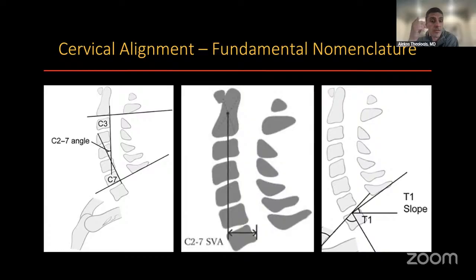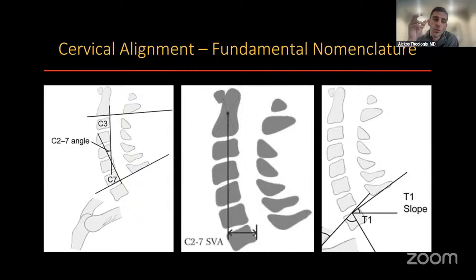It could be from the tip of the dens. It could be from the anterior inferior corner of C2. The recommendation is to put it in the mid body of C2 because it's not affected by the C2 slope, which can be something that's changed with compensation for the cervical spine. I'd love other people's comments on that.